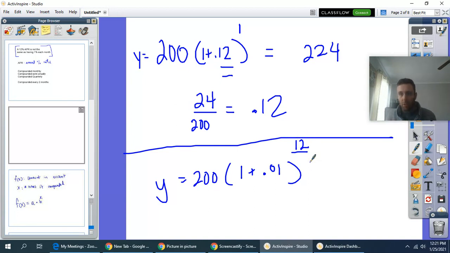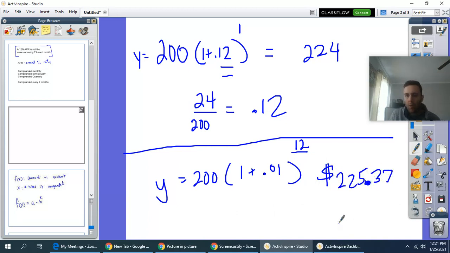Essentially, instead of 12% for the year, I'm doing 1% every month, compounded every month. You get 1.01 to the 12th power times 200, and you end up not getting the same amount. When I did this on my calculator, I got $225.37.